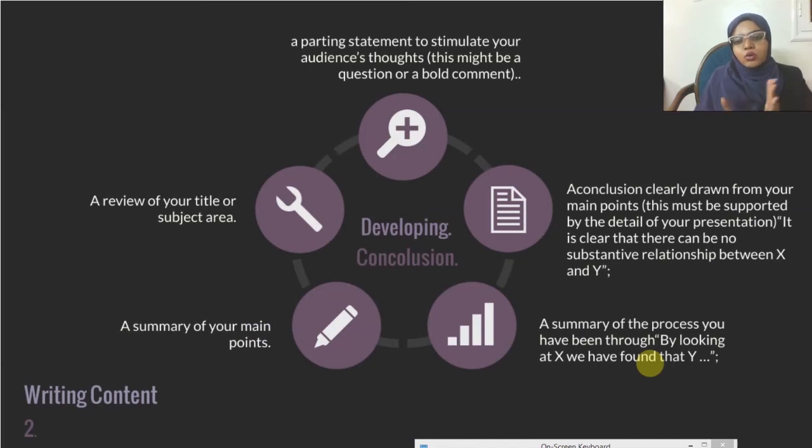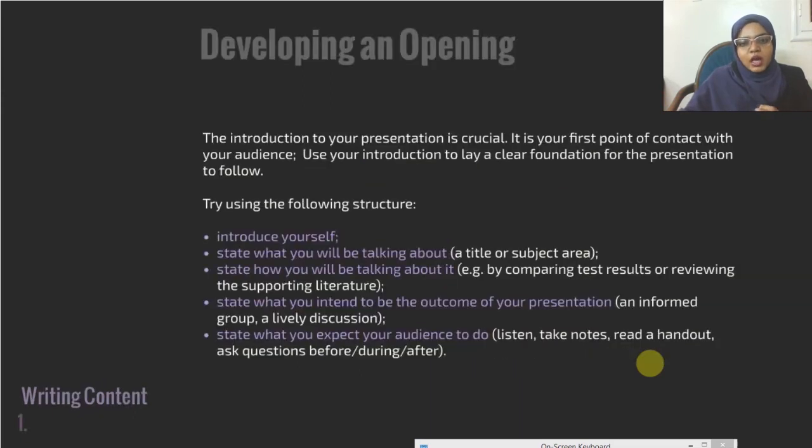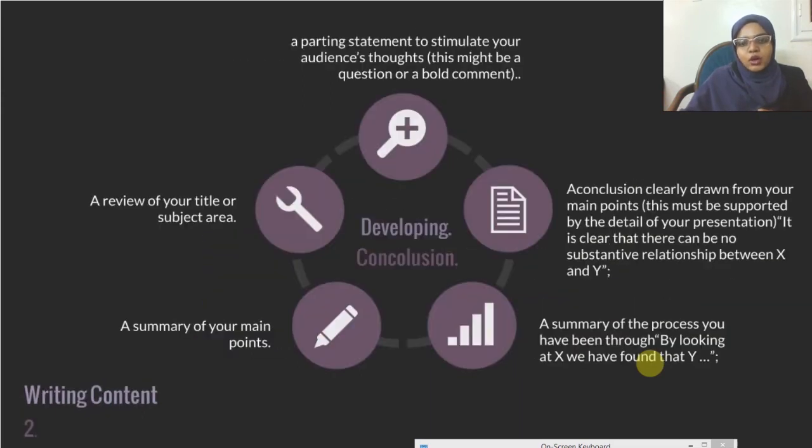So there are no general things we can say to follow for writing the body of the material, since it's unknown. However, some of the general guidelines in developing an opening and developing a conclusion could be used to write the body of the presentation.